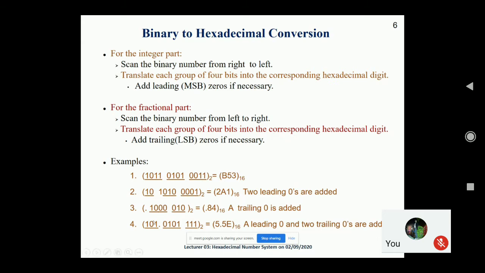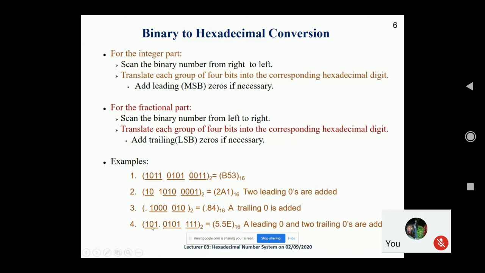101 is the given binary number. The binary number can be anything: maybe 1 bit, 2 bits, or 3 bits. Suppose this is the given binary number and someone asks you to convert it to hexadecimal. In example 4C, both an integer part and a fractional part are available.